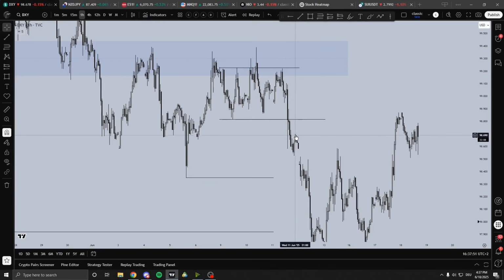So the next day, you want to look for continuation from that range low, the inversion PD array, into the target. You see, if you would have waited here for a return back into a premium of that range, right, if you use that as a range, you won't get an entry here if price is truly bearish, because all of that up and down move is a balanced price range.